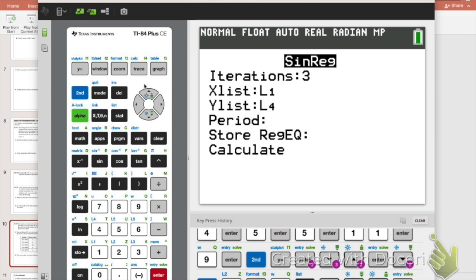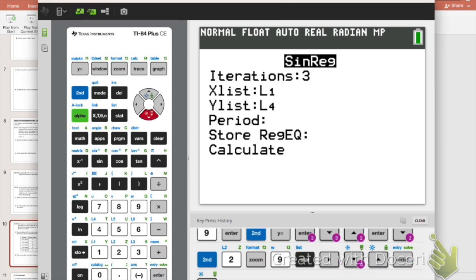So we can use any number between 1 and 16. 16 generally gives you a more accurate result than smaller integers, but it will take longer for your calculator. So you can just stick to the default of 3. We're not really doing anything that's going to have things being dependent on our calculations, so we'll stick to 3.